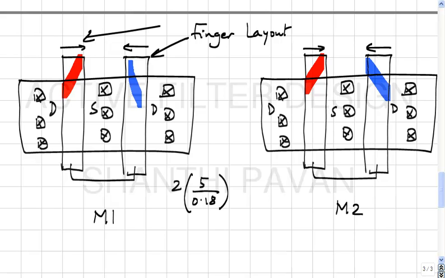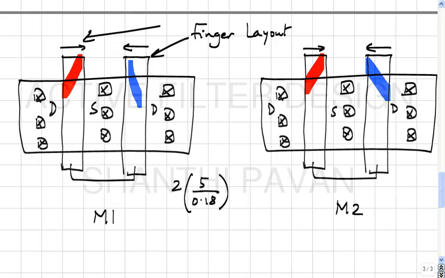Is that clear? Alright. And if you want to match two transistors, then the fact that current flows in opposite directions in different fingers does not matter, because the same thing is probably happening in the other transistor. Okay. Further, it always makes sense to have an even number of fingers.